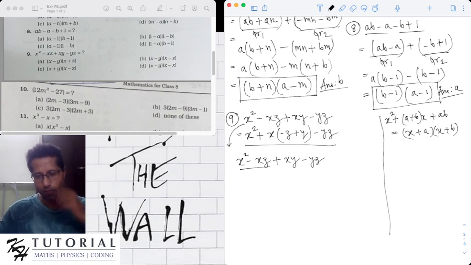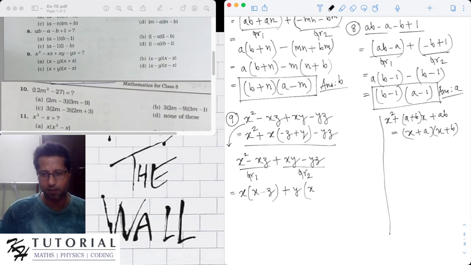If you form groups like this, the first two terms as group 1 and the last two terms as group 2, then you can clearly see that from the first group x can be factored out, and it will be x multiplied by (x minus z). And also from group 2, if I take y as common factor, it will be y multiplied by (x minus z), and we can clearly see now that both the groups have a common factor of x minus z.